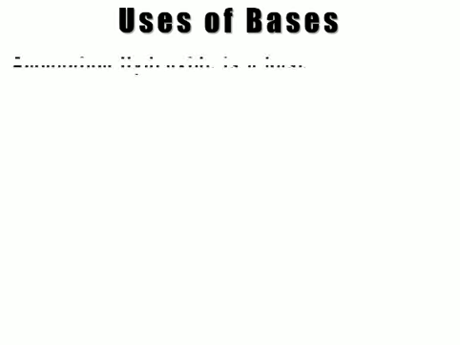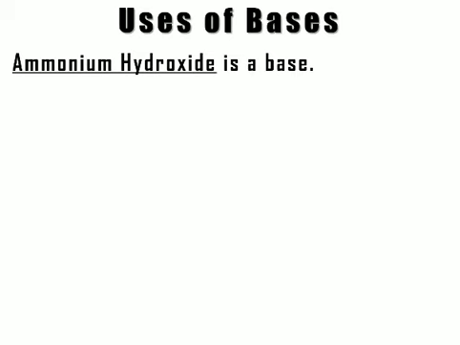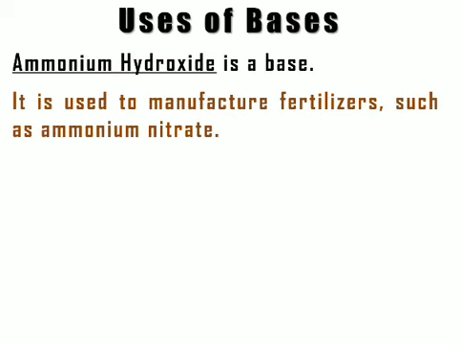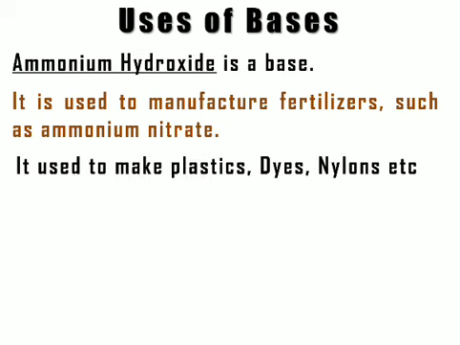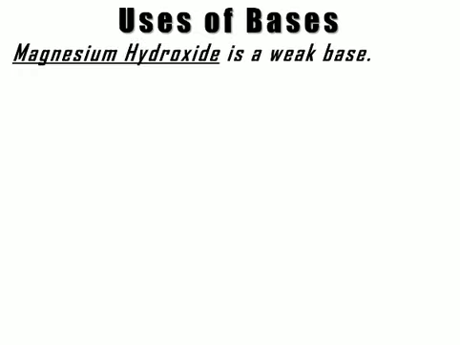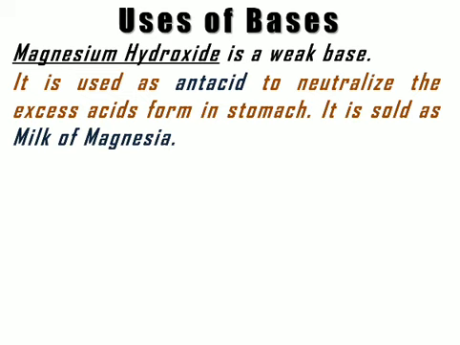Similarly, one more base is ammonium hydroxide. Ammonium hydroxide is used to make fertilizers such as ammonium nitrate, and it is used for making plastics, dyes, and nylons. Similarly, we have the base magnesium hydroxide. Remember, magnesium hydroxide is a weak base, and it is used in antacids.